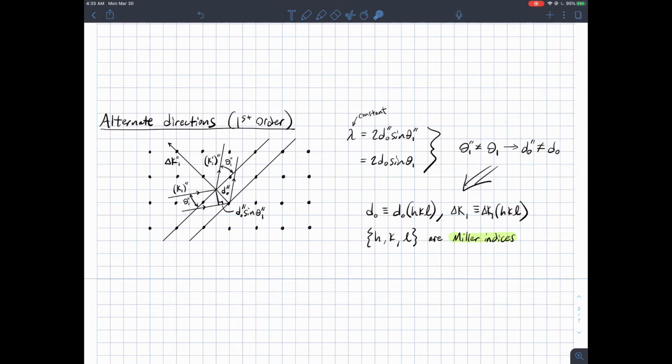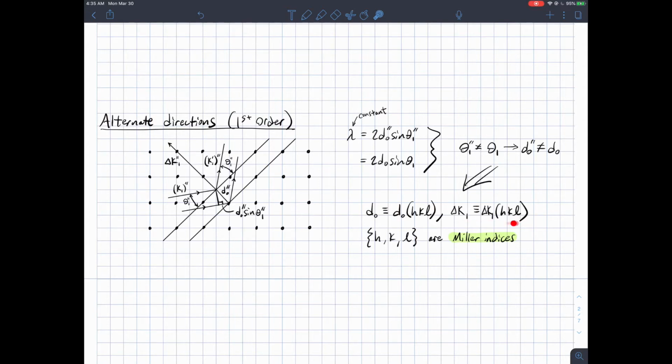So that means we have to have different angles and different separations between the planes.